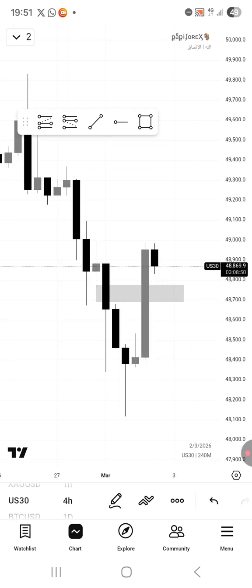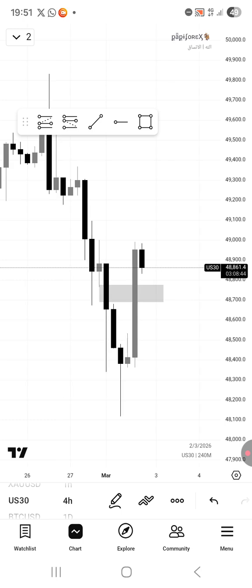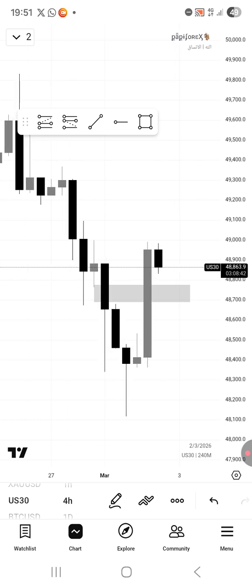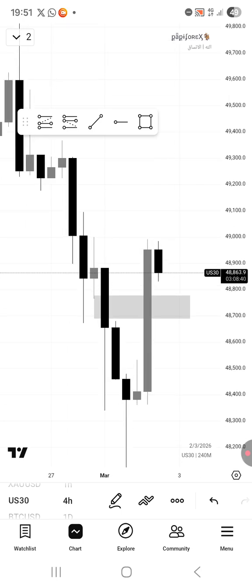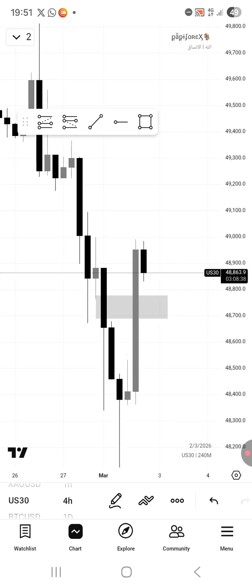Because I trade liquidity to liquidity, I love trading liquidity pools a lot. For price to break this fair value gap here, where will be my draw on liquidity?